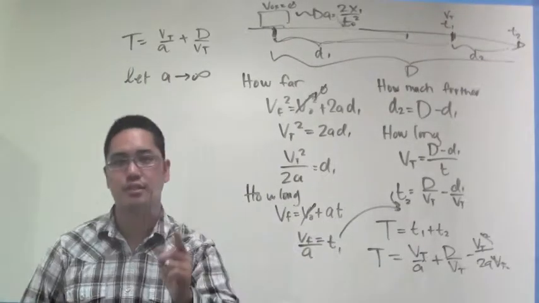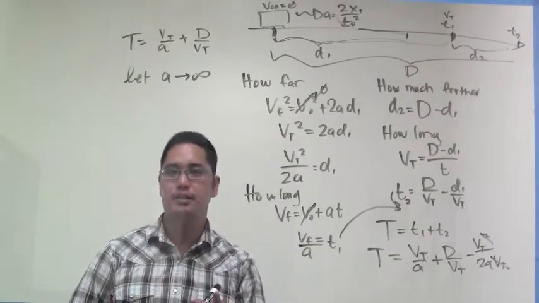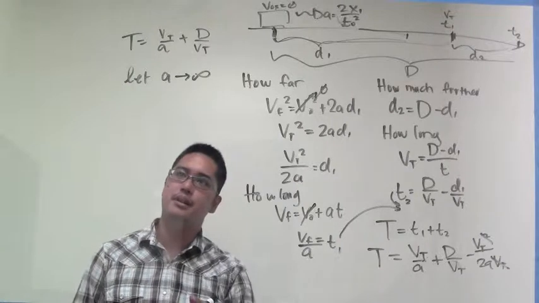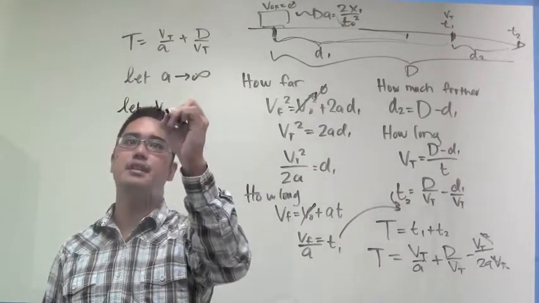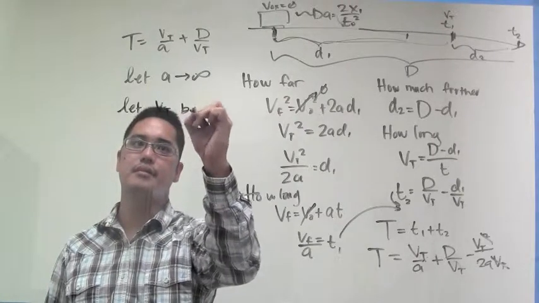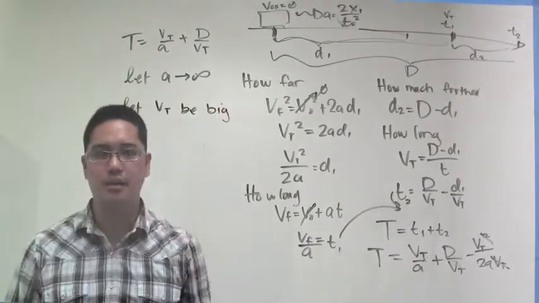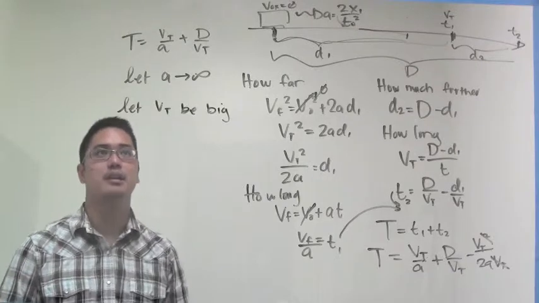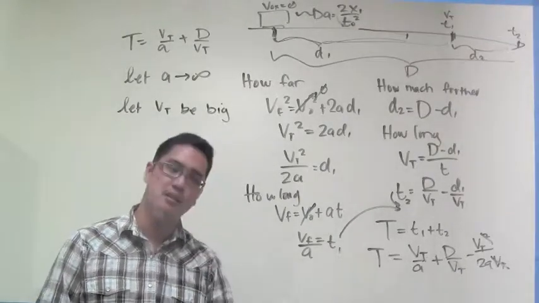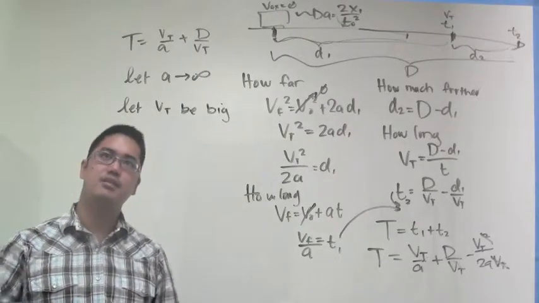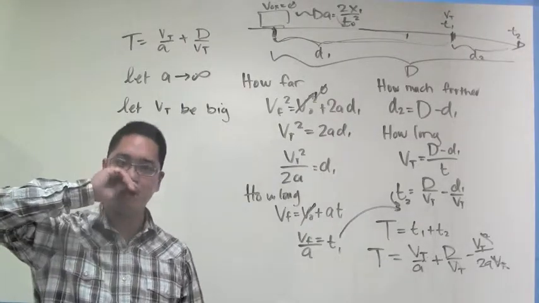What I also thought was interesting, and this kind of perplexed me, is if you let Vt be big. I'm not going to let it go to infinity, just big. Does the time it takes get bigger or smaller?